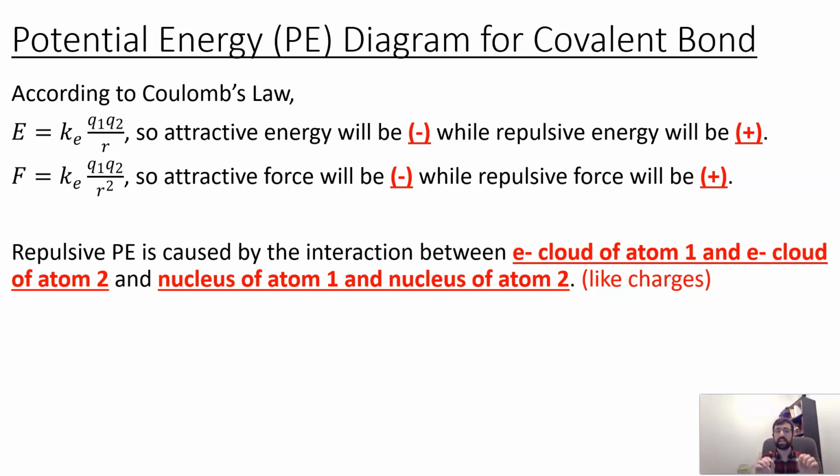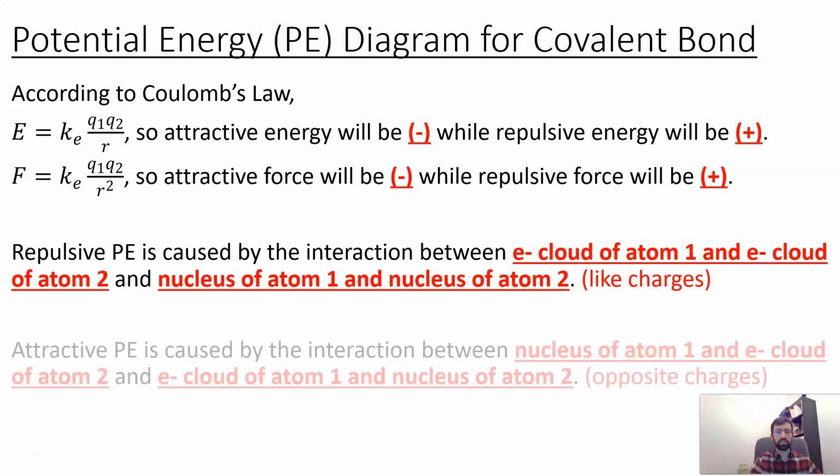They have electrons, and since they have a like charge, electrons always repel each other. They also have nuclei, and the nucleus of this atom and the nucleus of that atom are both positive. So they repel each other as well, like charges repel.